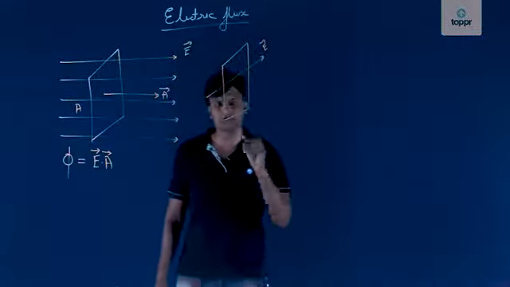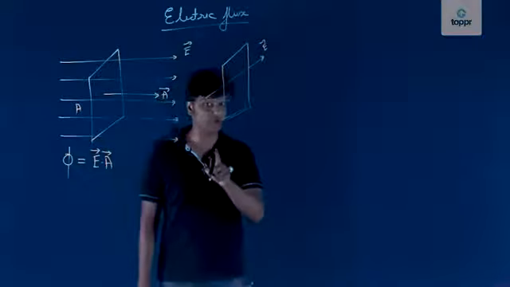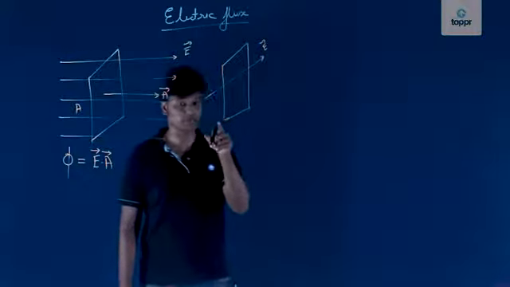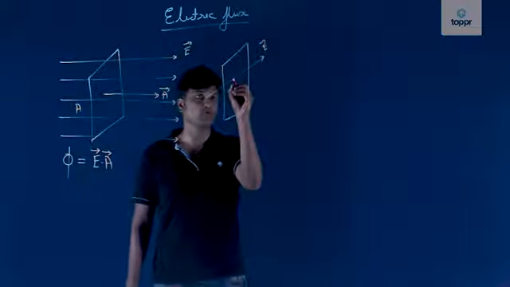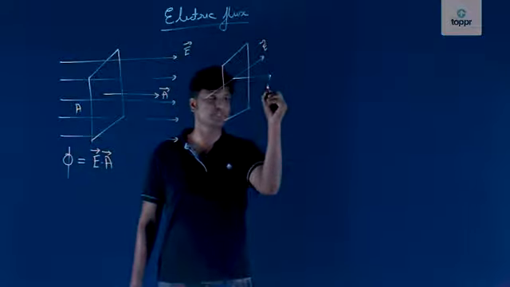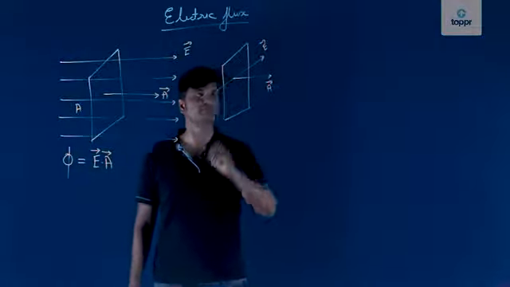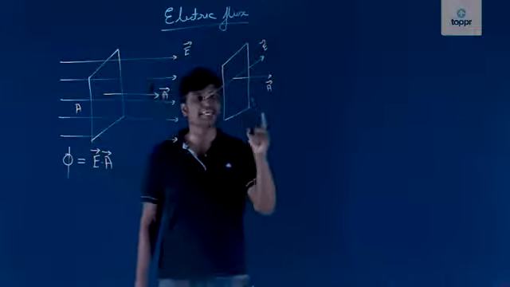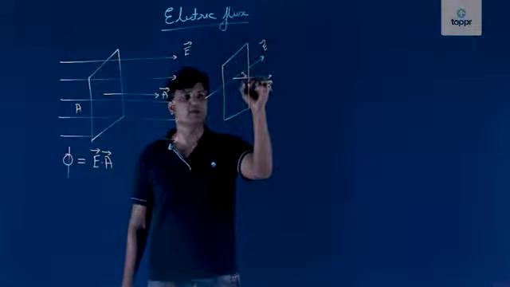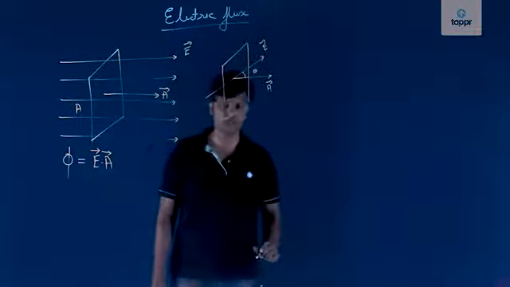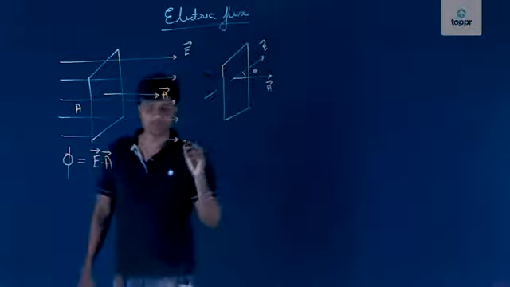Okay. What is the direction of area vector? It is always perpendicular to the given area. So this is nothing but the surface, and this is the area vector. So what is the angle between area vector and E vector? It is nothing but theta.